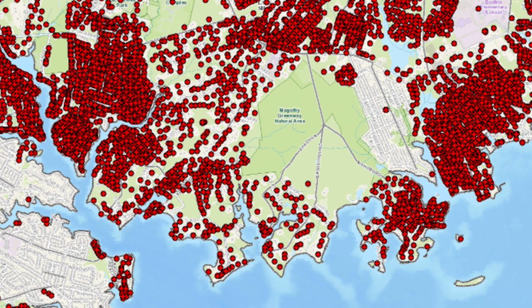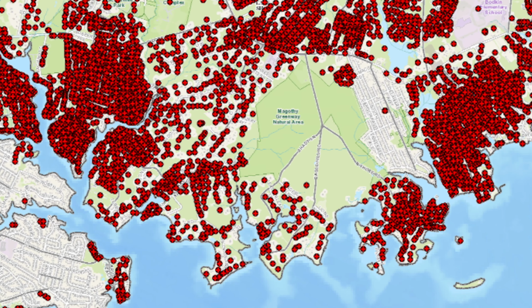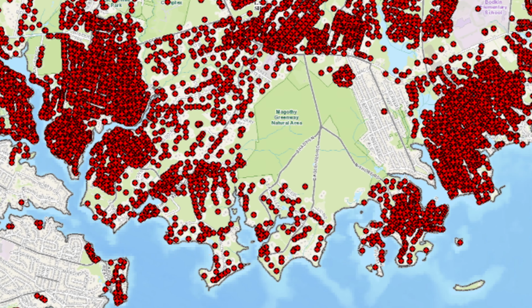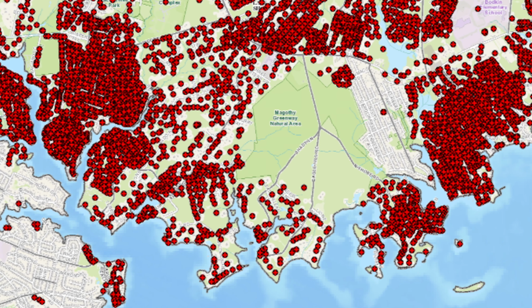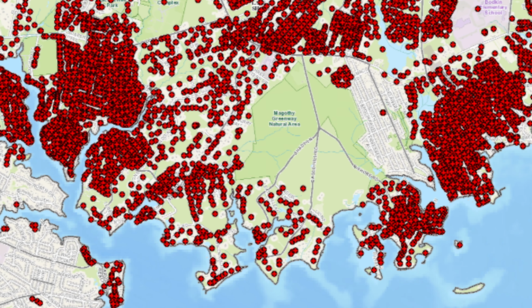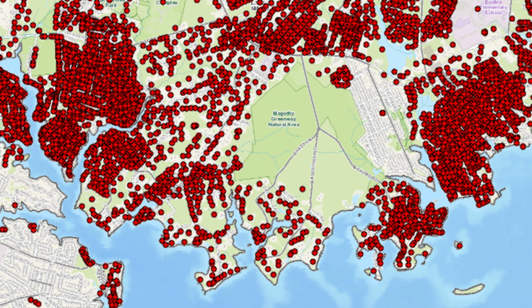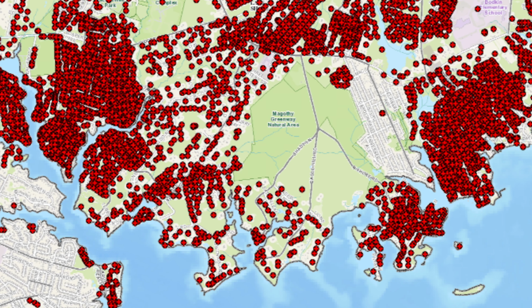Each system. And look at how many there are here in this area. So you can see that there's going to be plenty of nitrogen flowing 24/7 throughout the year into our waterways from these septic systems.